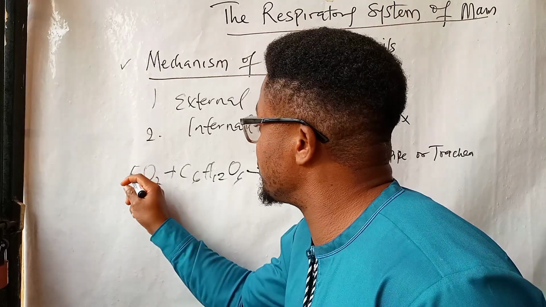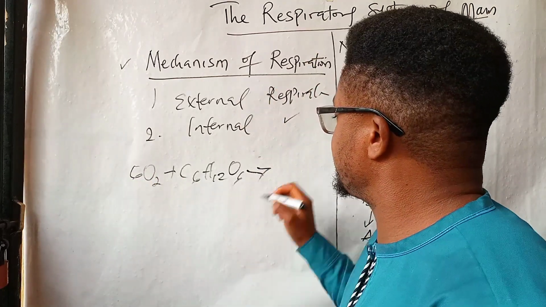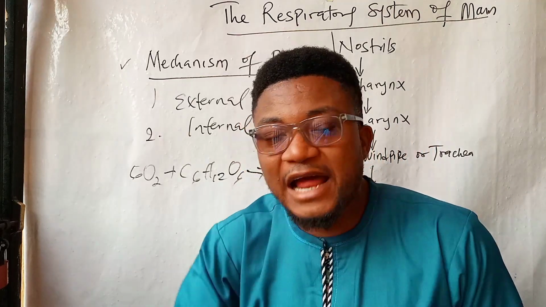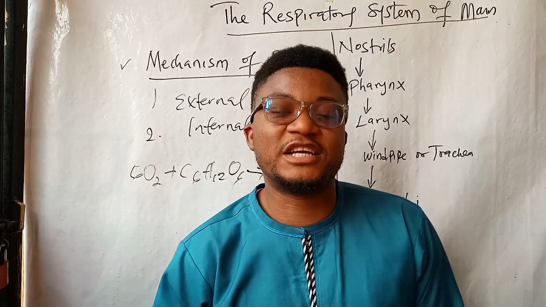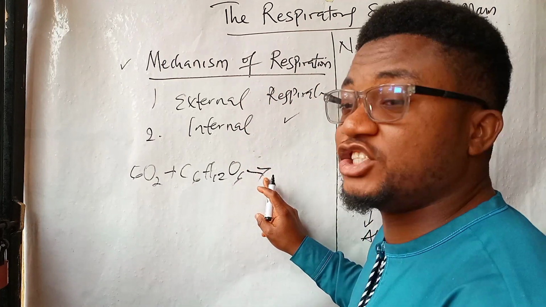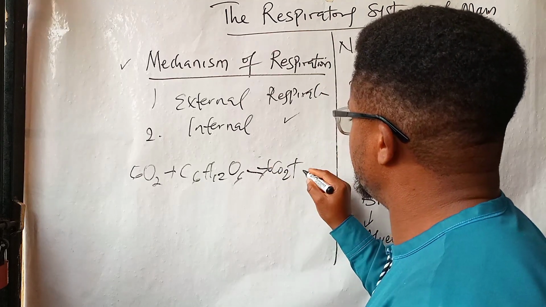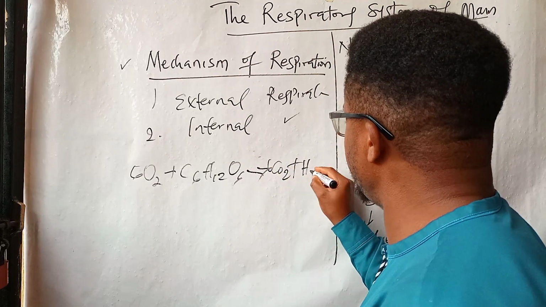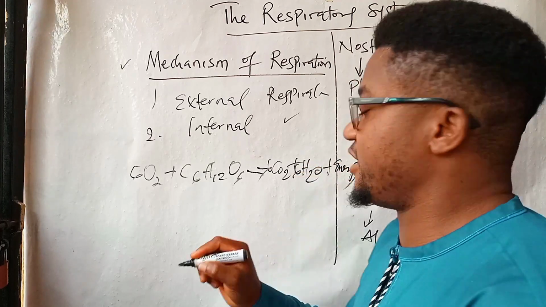It breaks it down, to balance this equation, in order to give us energy and to release water out into the environment. So here we have C6H12O6 plus 6O2 giving 6CO2 plus 6H2O, then we have energy.